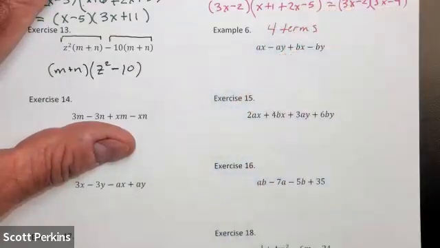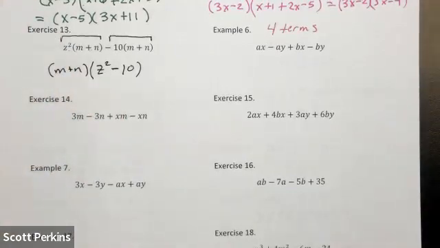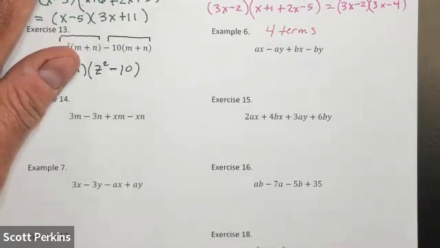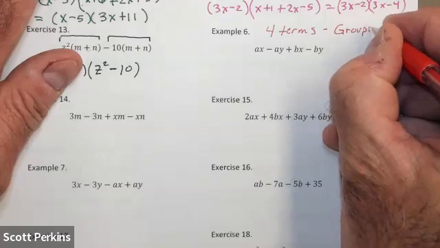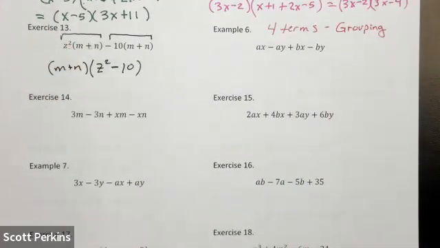Okay, so the process we're going to do now applies when you have an expression with 4 terms. And what we're going to do is something called grouping. And here's what grouping needs to do.